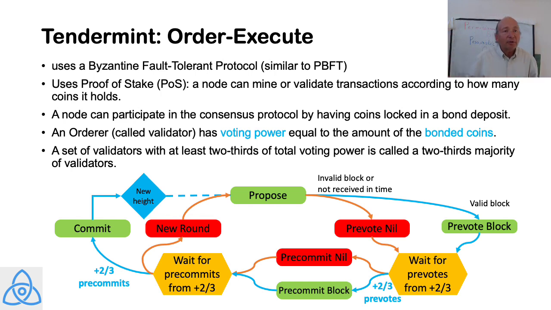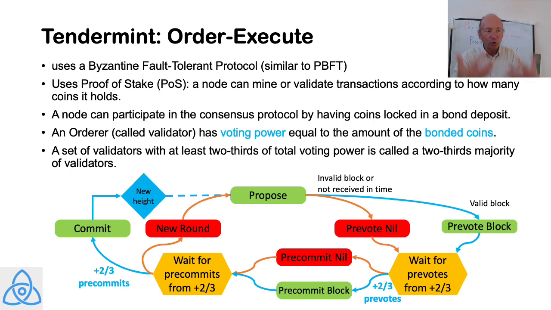Now, you have a lot of nodes in the system, so you want to determine who are going to be the orderers. They use a notion which is actually borrowed from the permissionless world, called proof of stake. In proof of stake, a node can act as a miner or validate transactions according to the amount of wealth that it has, so according to the amount of coins that it has.